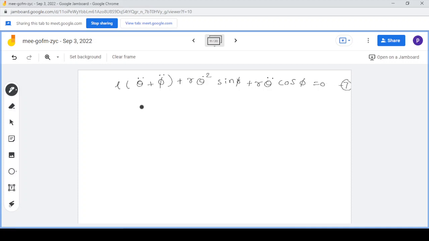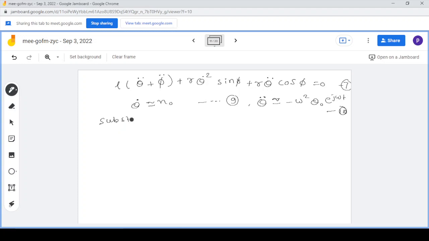Now we want to replace theta dot with n0, which was expression 9, and theta double dot equals minus omega square theta 0 e raised to j omega t, which was expression 10, in this expression 7.